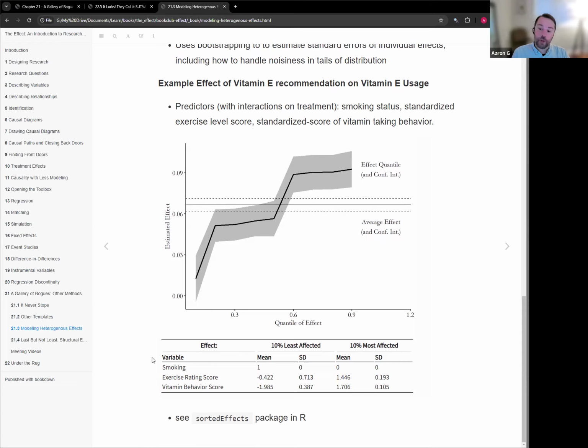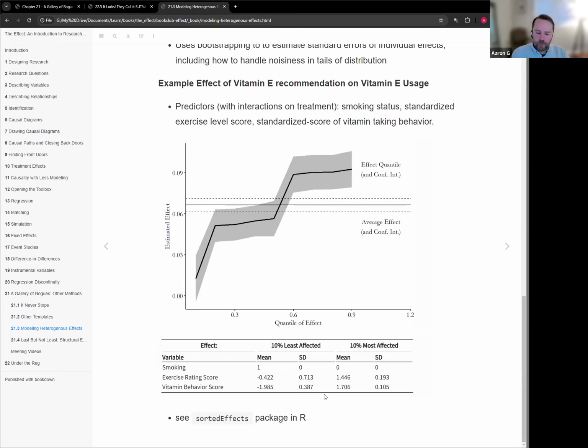Here's a cool thing you could do with this approach: you could bucket your effects into people that weren't very affected and people that were the most affected, so the bottom 10th percentile and top 10th percentile. This particular exhibit references a study on the effect of recommending vitamin E on vitamin E usage.